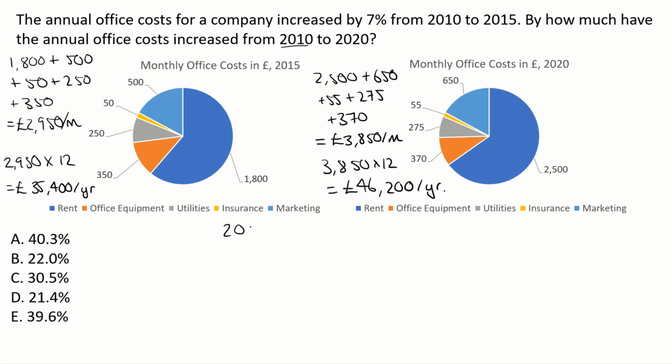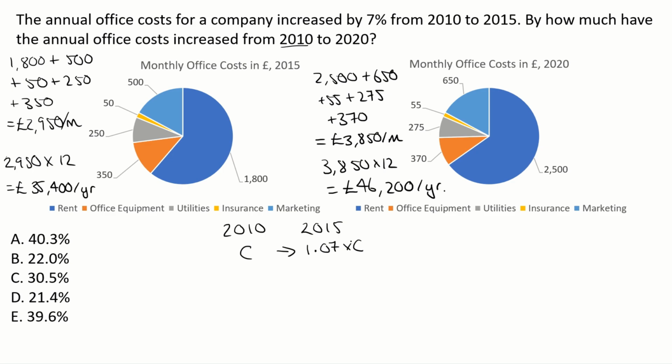So if we write this out, 2010 to 2015, if these office costs were just a value of C, then the value in 2015 would have increased by 7%. So that would be 1.07 times the original cost. So we have the new cost for 2015.